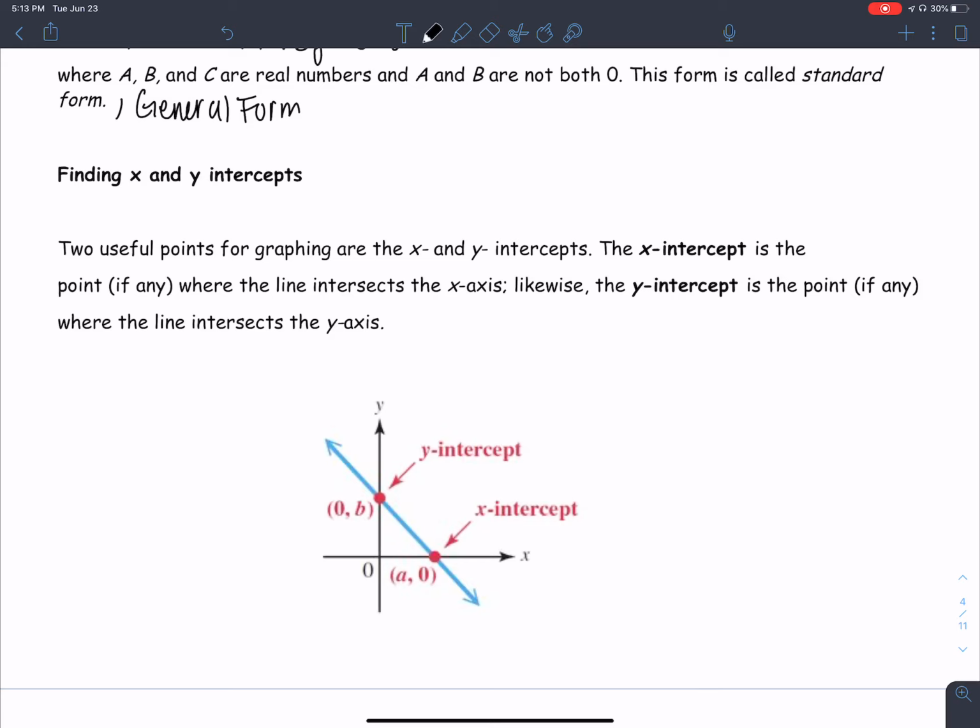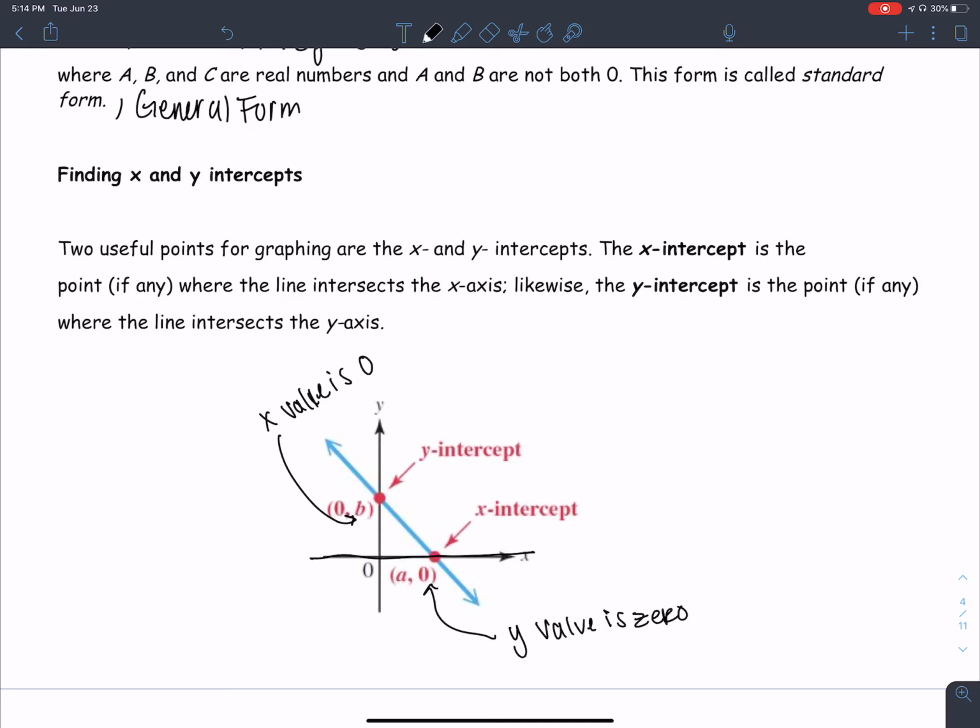The x-intercept crosses the x-axis, and the big deal about this is that the y value is 0. That's what we're going to use to find the x-intercept. Then it's exactly the opposite for the y-intercept: the x value is 0.